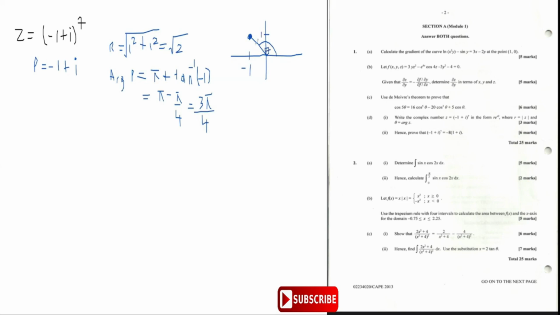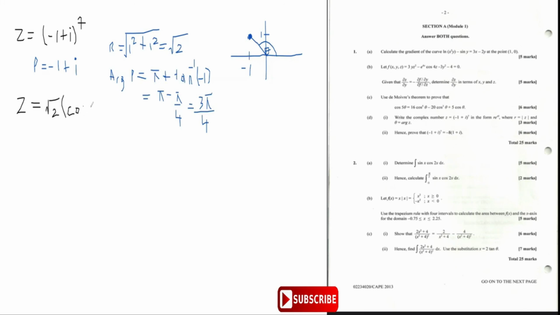So this is that. Now that we have P, the next thing that we're going to need is Z. So now we can rewrite Z. Z is equal to R, which is root 2, times cos theta plus i sine theta, where theta is 3 pi by 4.